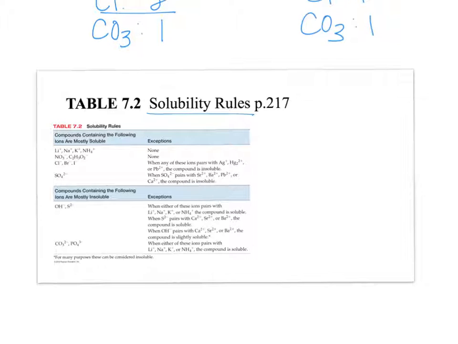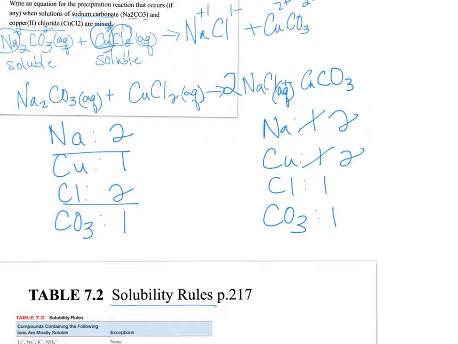So that means that copper carbonate, let's move up here. There we go. Copper carbonate is going to be insoluble, and therefore it's going to be the precipitate in this reaction.